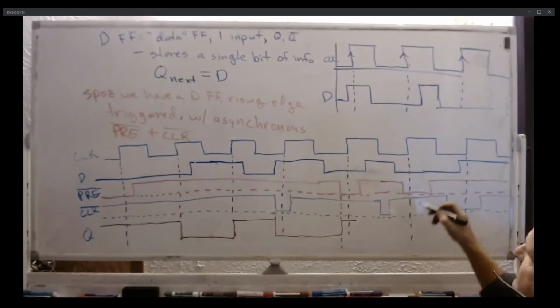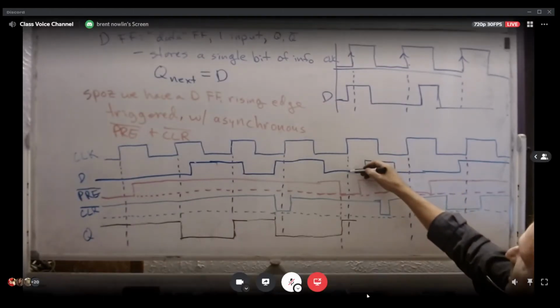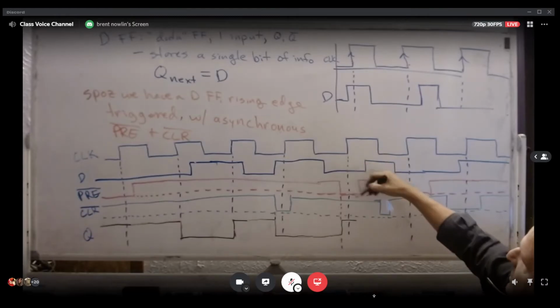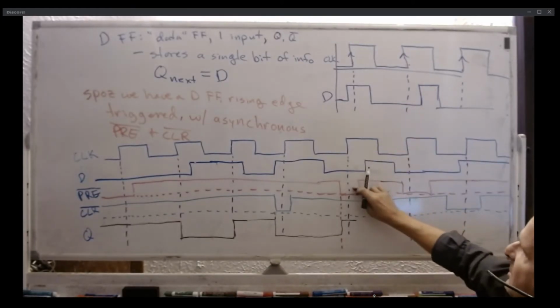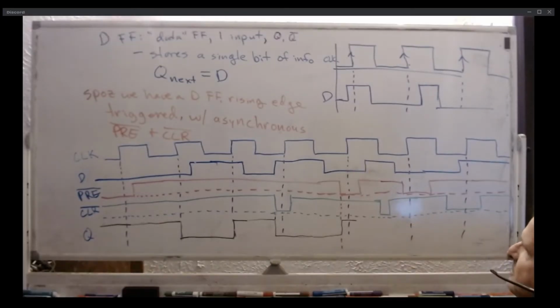It's going to go high. And do you see that the fact that D is low during this time is ignored because preset overrides D? Okay, guys?